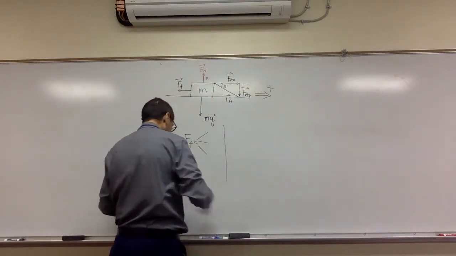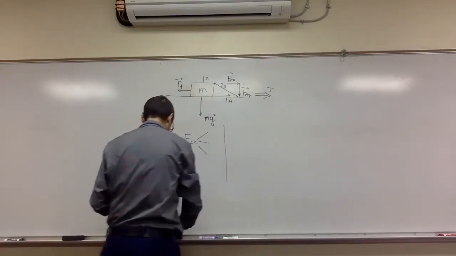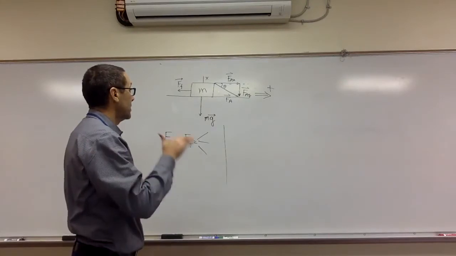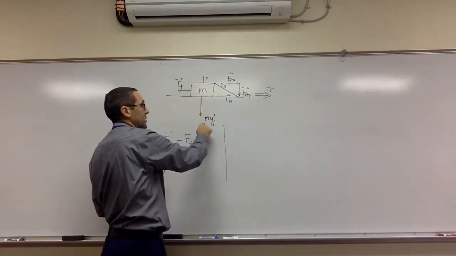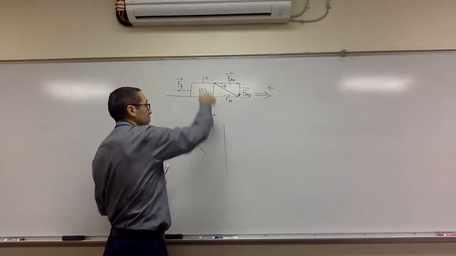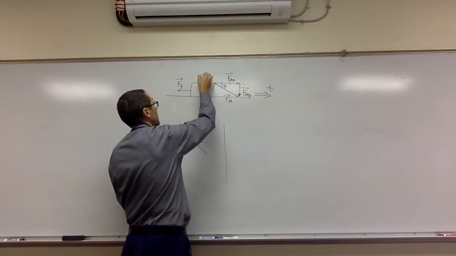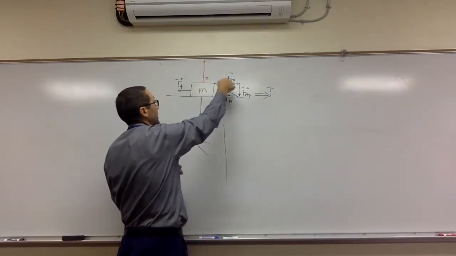the Fn should be bigger, because conceptually the surface has to provide more support, because now you're pushing harder on it. It's not just the mg that's pushing down on it. It's not just the push of this block, but also the push of Fa, that component pushing down.